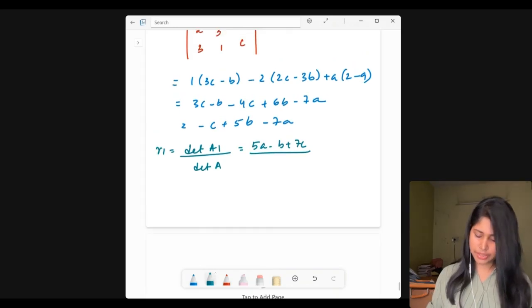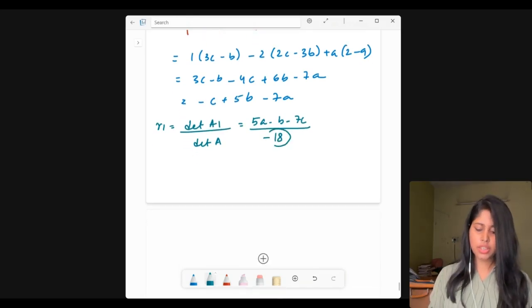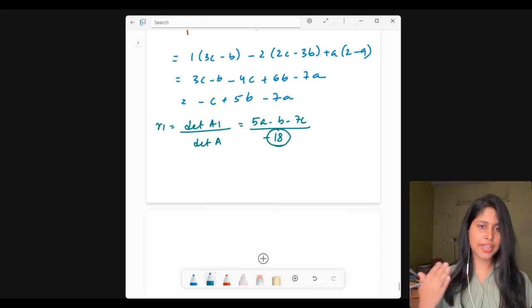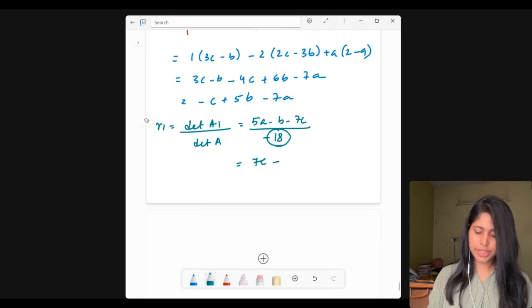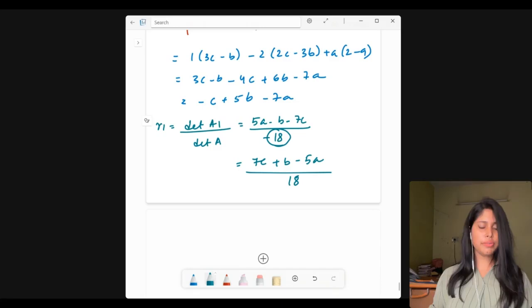If I change the sign, because I want the denominator to be positive, it will be 7c plus b minus 5a by 18. So this is what we have for the r1 value.